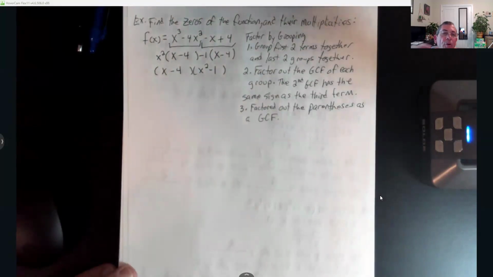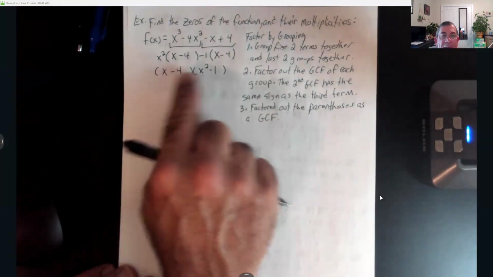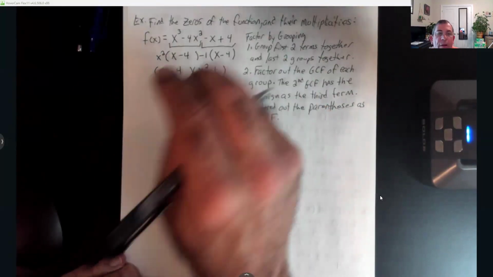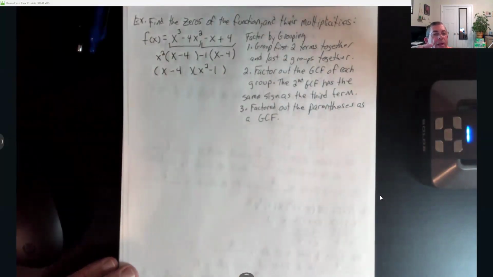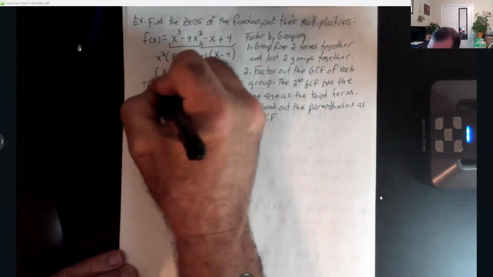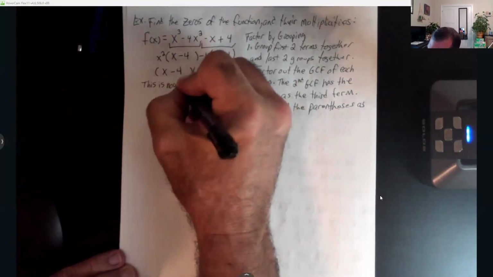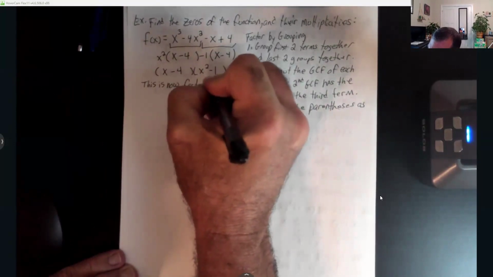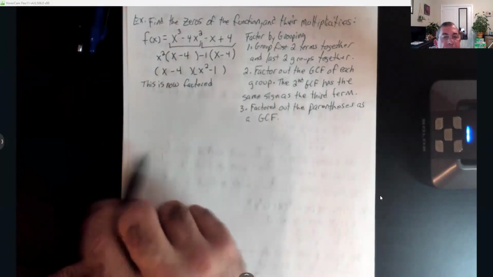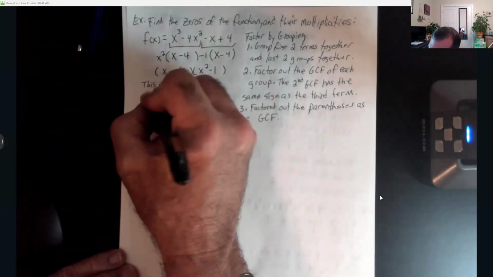So y'all, that's factored by grouping. Now this is factored form. So here's the trick. So this is now factored. So to find my zeros, I'm going to set each one of these factors equal to 0.